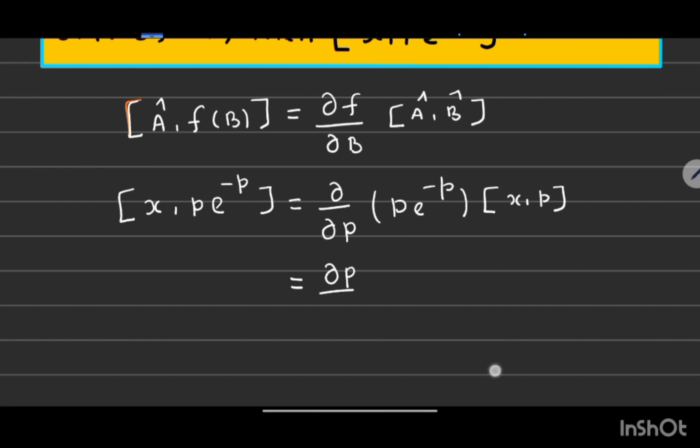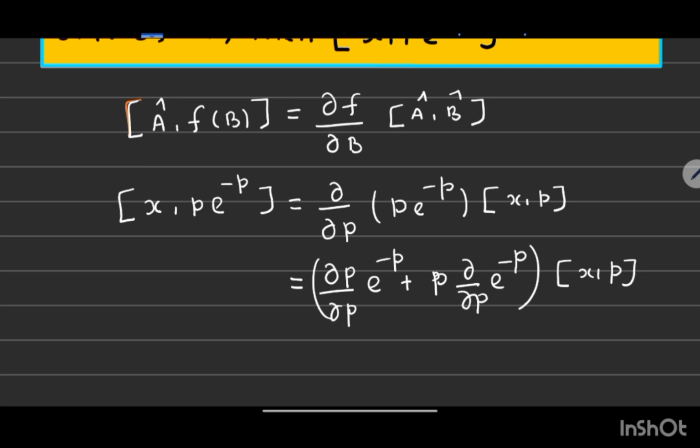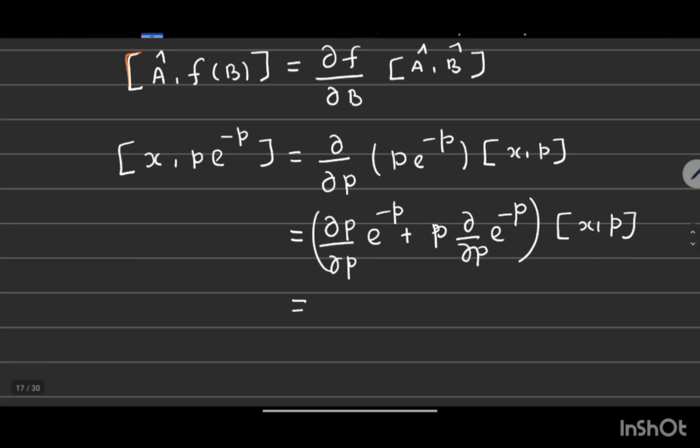Del p over del p will be 1 only, and e^(-p), plus p times del by del p of e^(-p), and then the whole thing has to be multiplied with [x, p]. So this is 1, we have e^(-p), and the derivative of e^(-p) with respect to p is minus 1, so we have minus p times e^(-p).